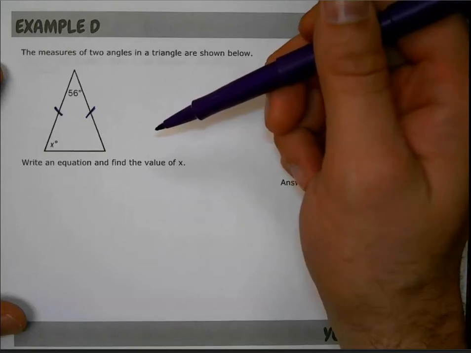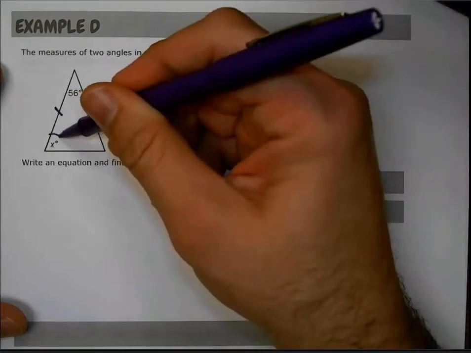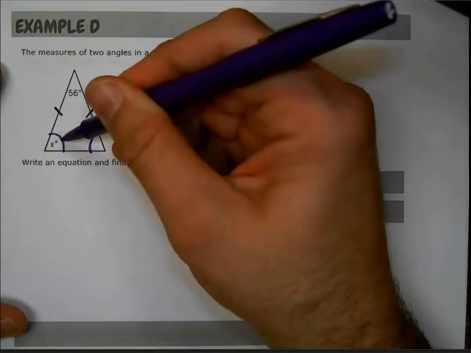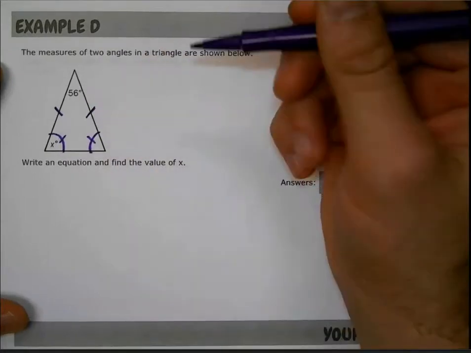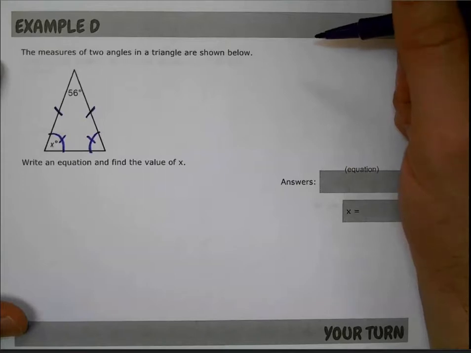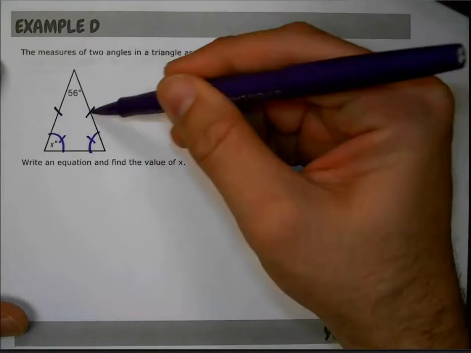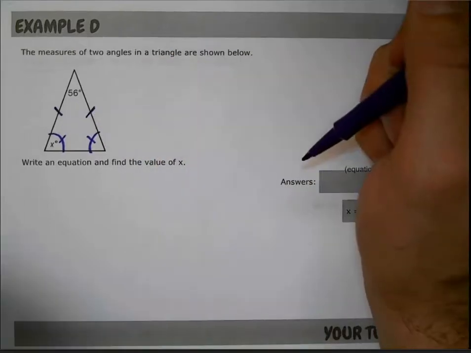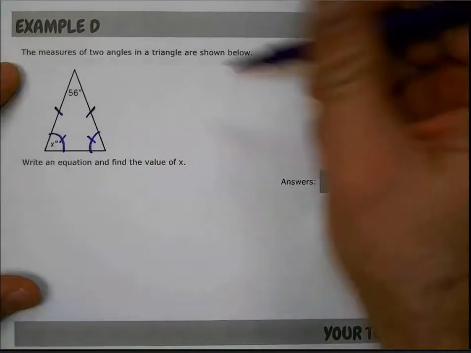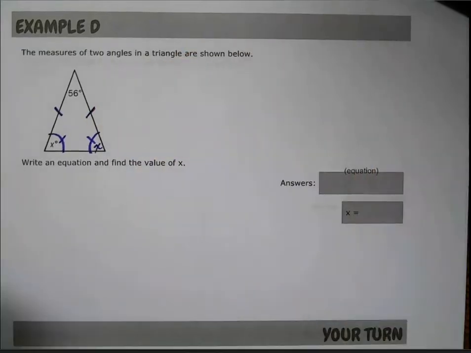And in an isosceles triangle, whenever the two sides are congruent like that, that means that the two base angles are also congruent. So what they're really doing here, you may have thought whenever you first glanced at it that they didn't give you enough information. Well, those little lines right there, you're supposed to understand that that means that these are congruent, and that means that this angle right here is also x.